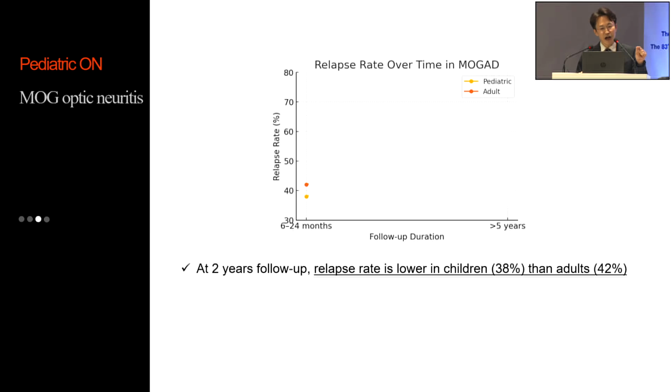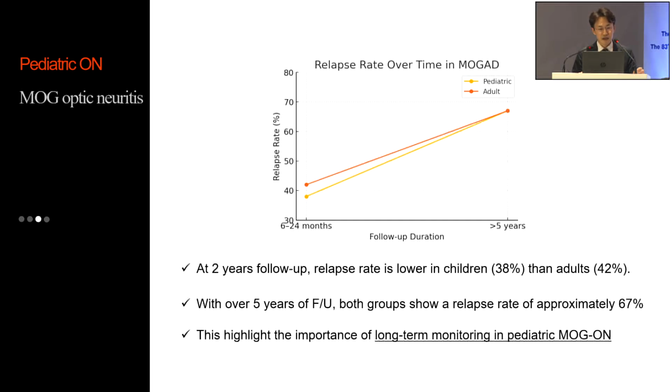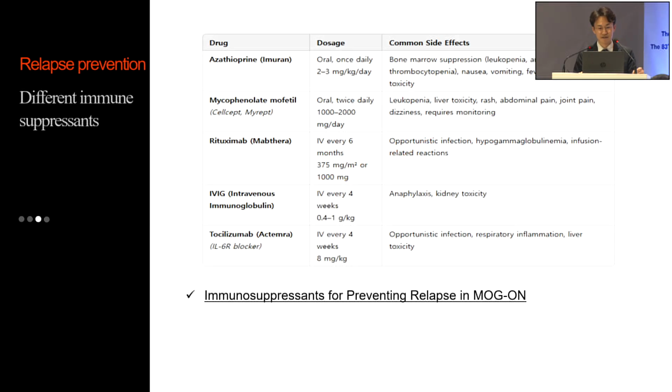At 2 years of follow-up, the relapse rate is lower in children than adults. However, with 5 years of follow-up, both groups show a relapse rate of approximately 67%. This suggests that long-term monitoring is important for pediatric MOG optic neuritis.